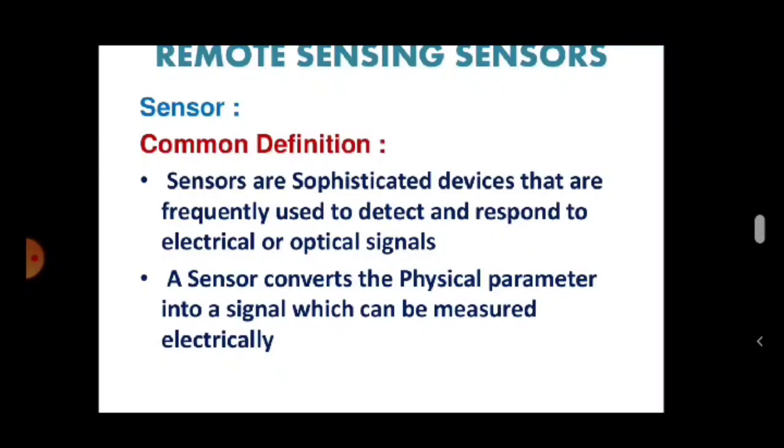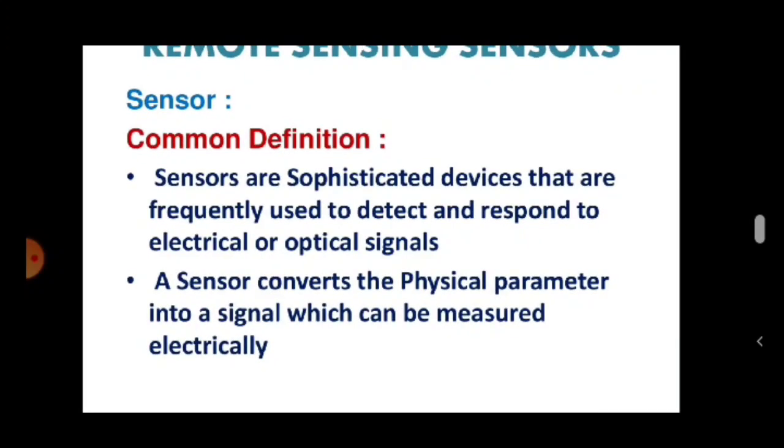The second stage is that energy transmits from the source to the surface while facing atmospheric reactions such as absorption and scattering. We'll have a look at them later. And then the interaction of electromagnetic radiation with the Earth's surface can happen through reflection or emission. That's the third stage of remote sensing.